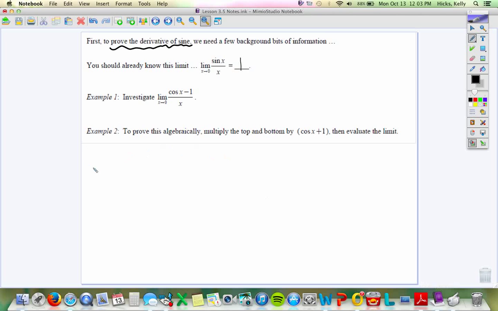Let's prove that algebraically. Let's start with the limit as x approaches 0 of cosine x minus 1 over x. It gives us a hint here what we need to do. Let's multiply top and bottom by cosine x plus 1.